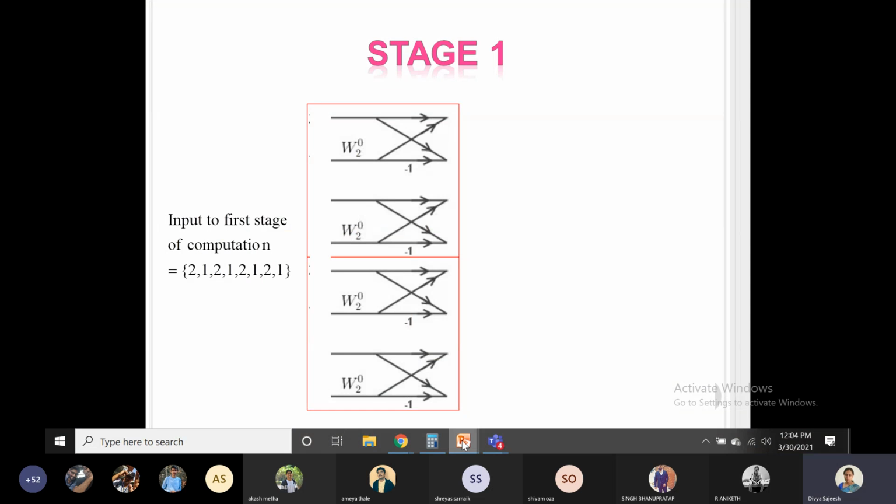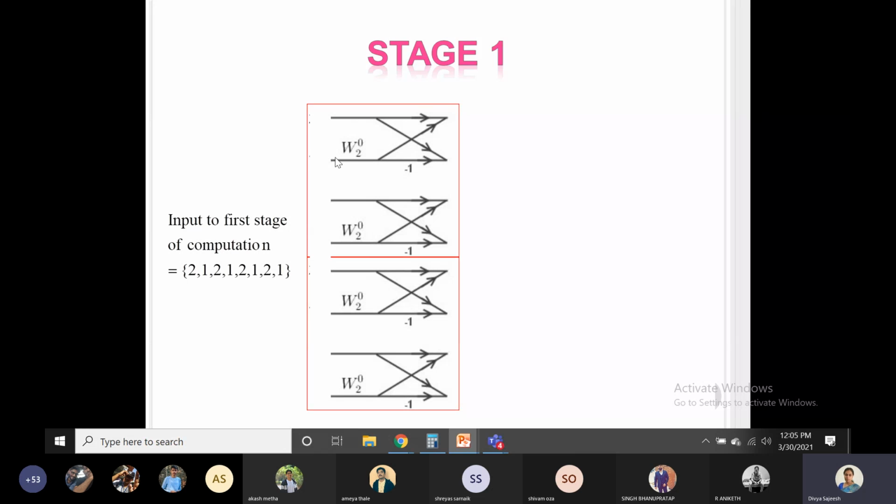So input to the first stage of computation is this one, and the twiddle factor involved is W2 raised to 0. What I told is about the first input and the second input of this butterfly diagram. The first input will pass through as it is, because the first input I am giving will come to this point as well as this point. So the multiplication factor there is only 1.